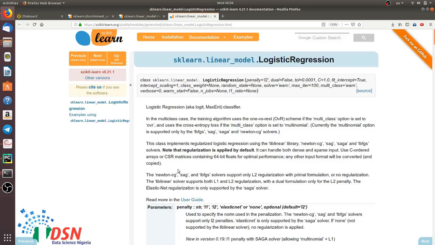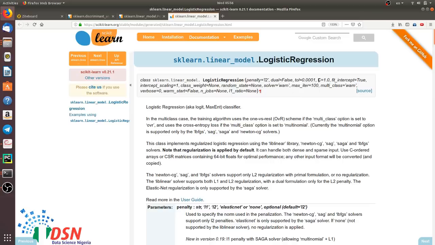One of the terms in the cost function that is included by default in scikit-learn is regularization. When we talked about logistic regression, we didn't talk about regularization, but when you implement that in scikit-learn, you should always keep in mind that you could add a regularization factor to that.